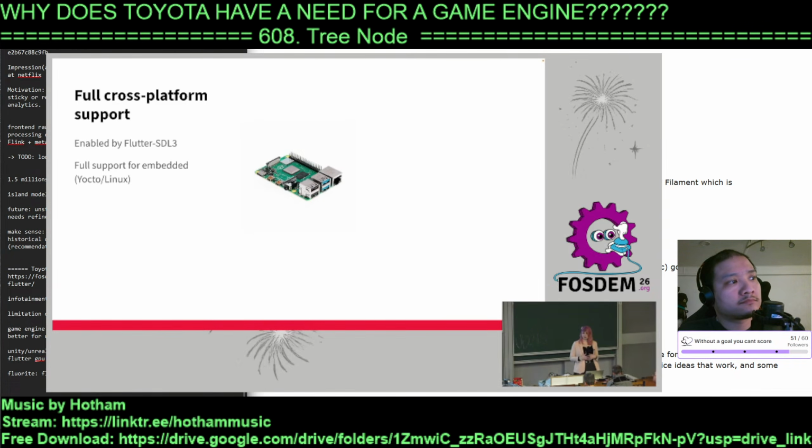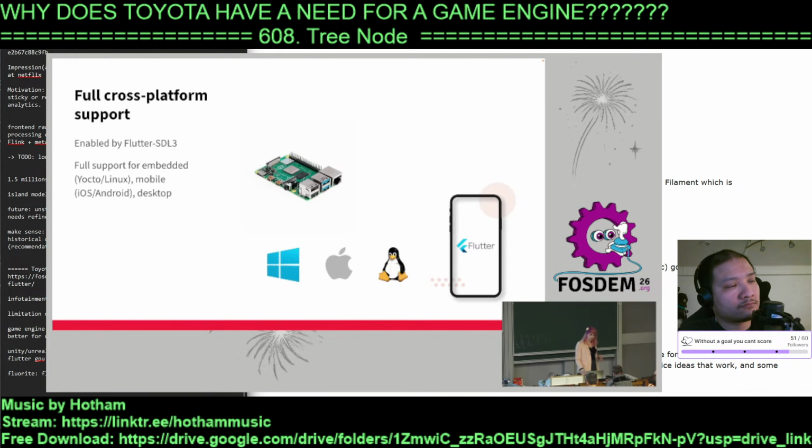And of course, this wouldn't be an embedded automotive talk if we didn't mention full cross-platform support. Thanks to SDL3 and Flutter, we'll have full support for embedded platforms, mainly Linux, which includes Yocto, mobile, on iOS and Android, desktop on all the major desktop OS systems, as well as game consoles.